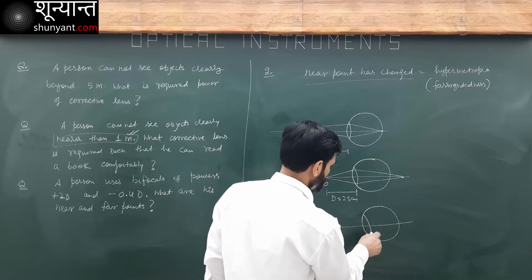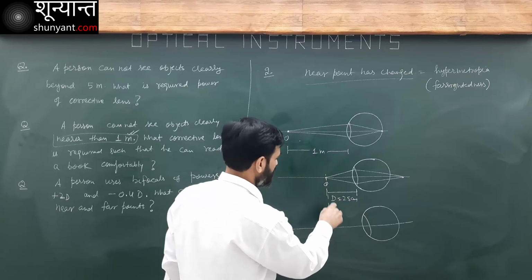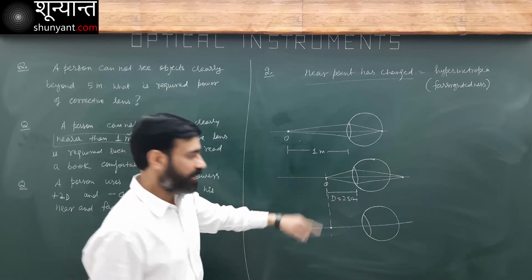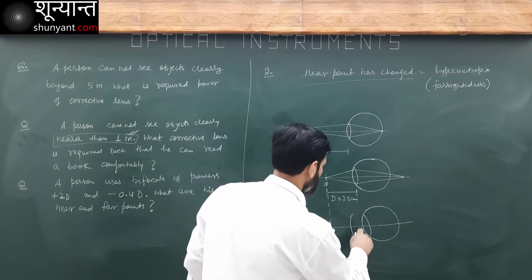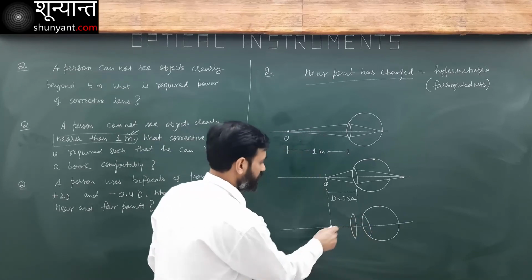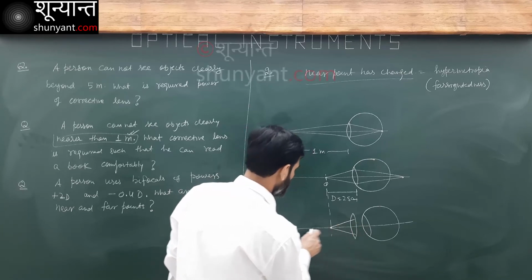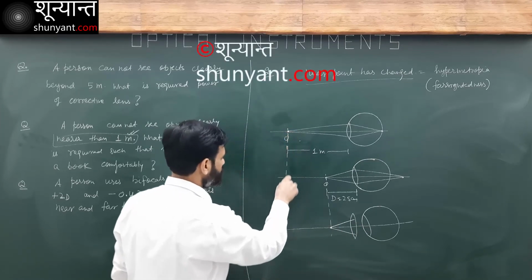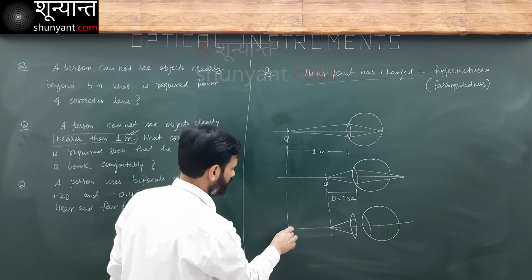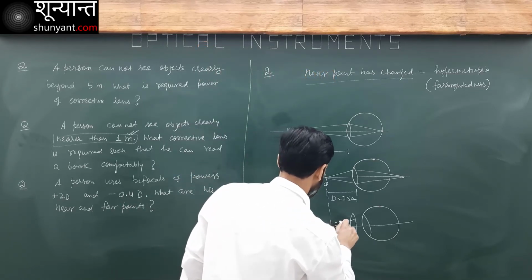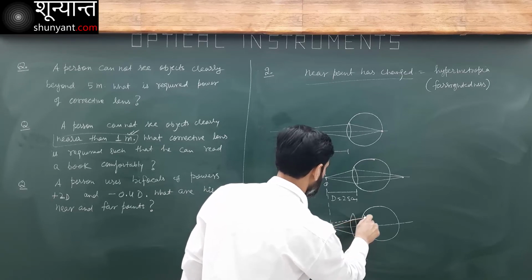I will keep my object here at 25 centimeter, but now I will use a convex lens. This convex lens will create a virtual image here, like this.